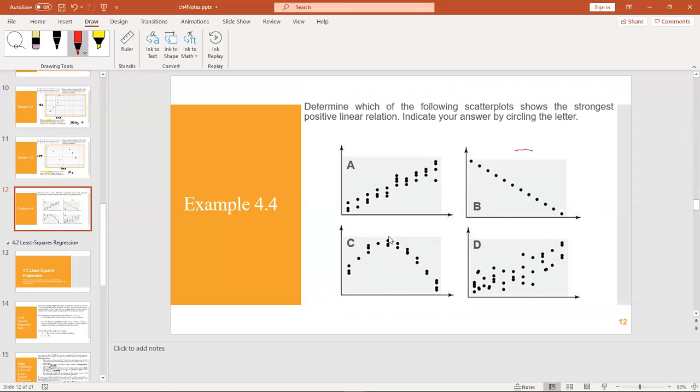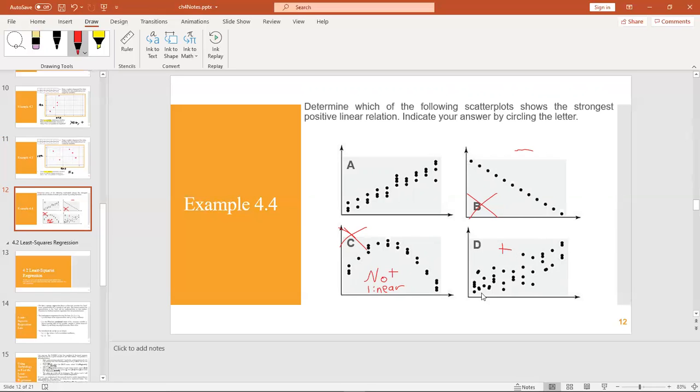This C is not linear at all. That would make a very nice parabola. We could probably do a nice equation with like an x squared in it to approximate those data. But the problem is this is not linear. So it's not this one. It's not this one because that one's negative. So then this one's positive.